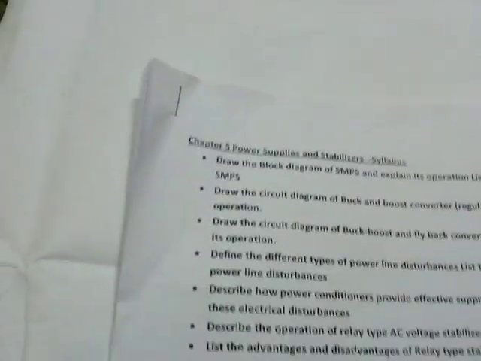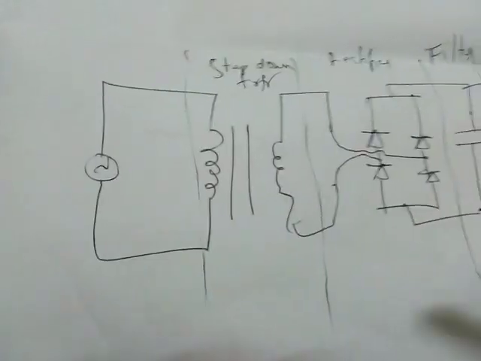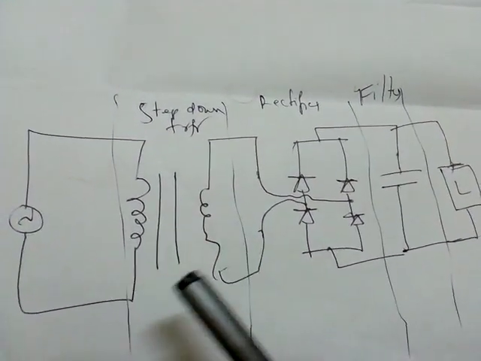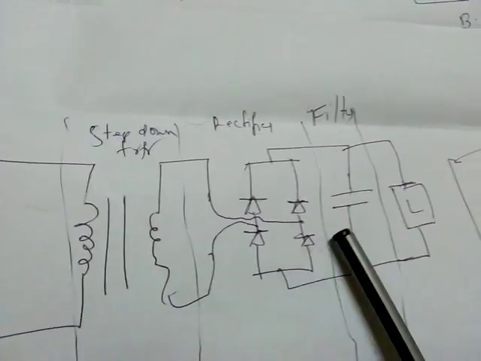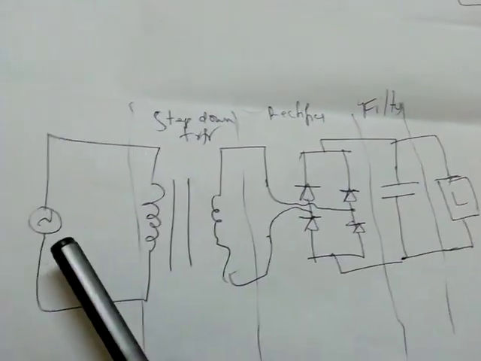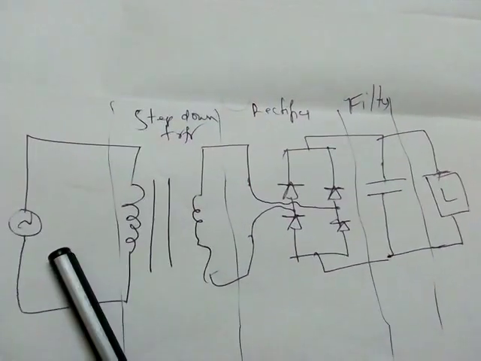Now, in a conventional or, say, linear power supply, you have a step down transformer, rectifier, filter, and then load. First AC will be stepped down because this is 230 volts.